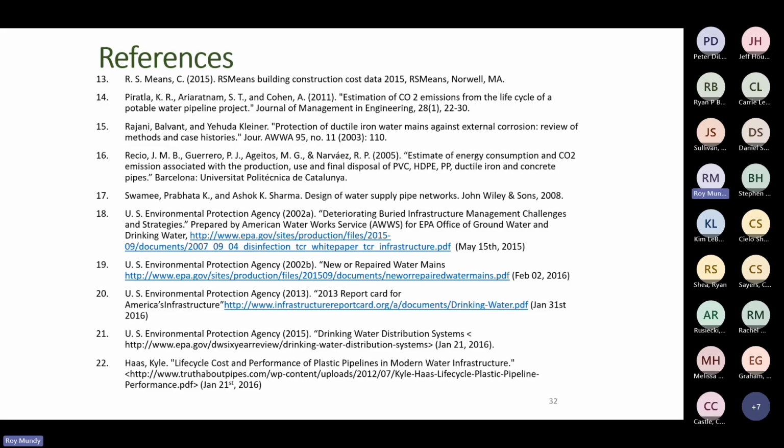Now, that's vinyl chloride. And yes, they're going to look at production of vinyl chloride. They're going to look at transport of vinyl chloride.